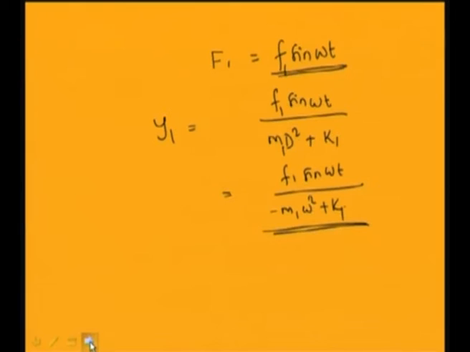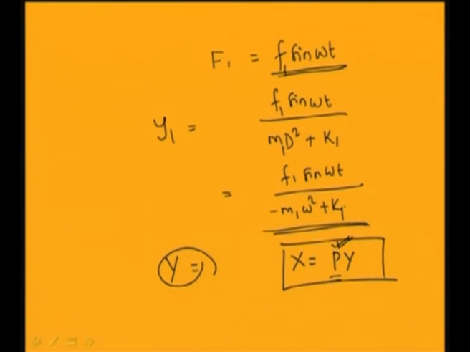So after obtaining y1, y2, y3, the y vector, you can obtain x equal to P y. Already the weighted modal matrix P is known to you. So by substituting this y in this equation, you can obtain x of the system.